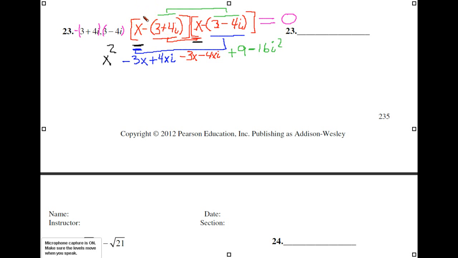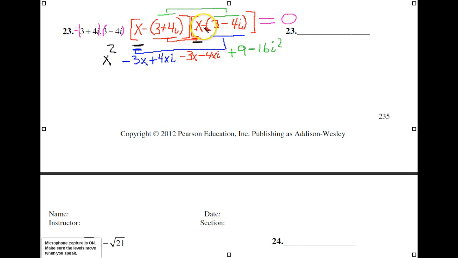Now we're going to FOIL. And I've color-coded it, and we'll go slowly. So the first terms are our x's in black. So x times x is x squared. Now we're going to do our outers in the FOIL. So this is one, and this is the other. So we're using blue to code this.